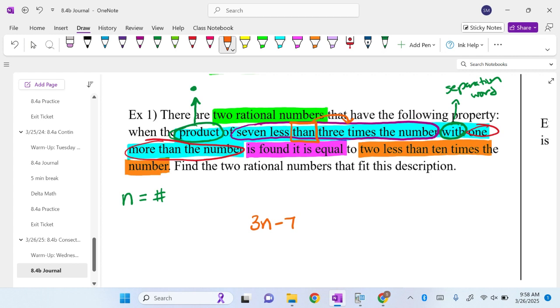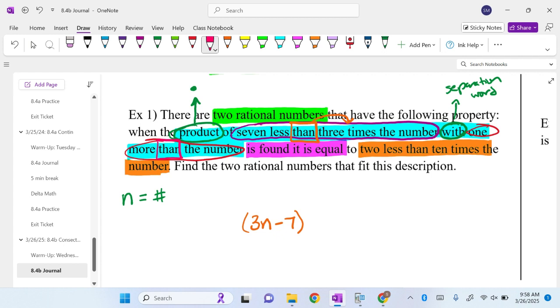Now, since we're multiplying this expression by another, I'm just going to put parentheses around it just so I know that we're going to do some multiplication. Now I'm going to look at the second part, the other expression on the right side of with. So 1 more than the number. What's the first word I should look at? More than. So that means we start with what?